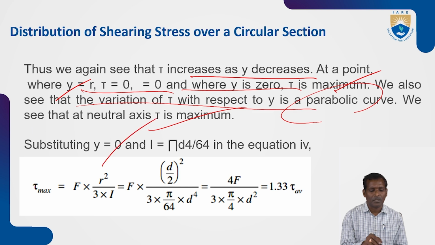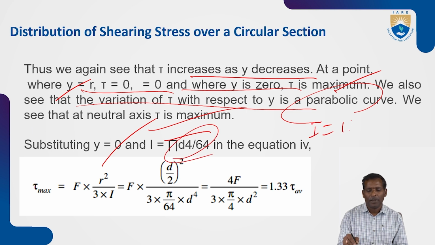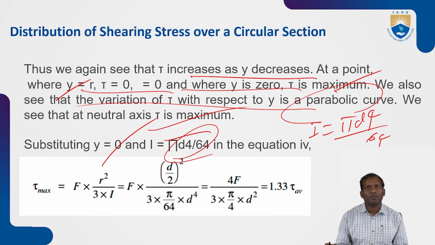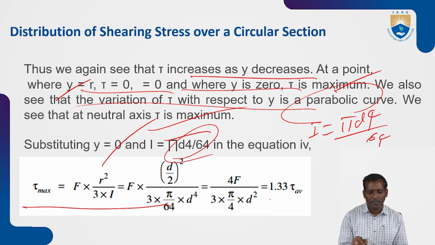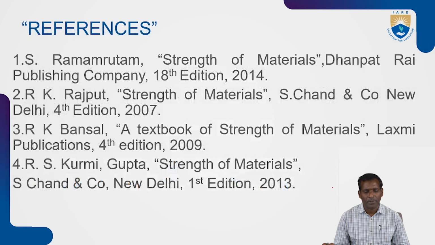Substituting y is equal to 0 and I equal to pi d to the power 4 by 64 in the equation, where I for a circular section is already known to be pi d to the power 4 by 64, you will get shear max is equal to 1.33 times shear average.